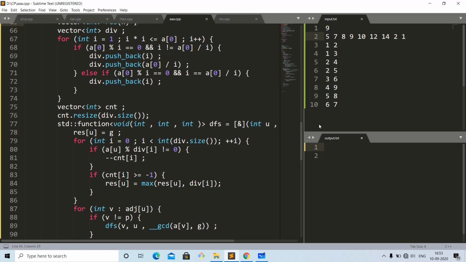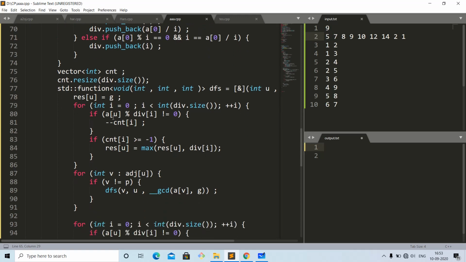And then, if our number is not divisible by any divisor, we will drop the value of the count corresponding to that divisor. And if we find that we have dropped only up to one value, then we will consider this as a potential candidate for the answer. That is, it will be equal to the maximum of this and the divisor of this.